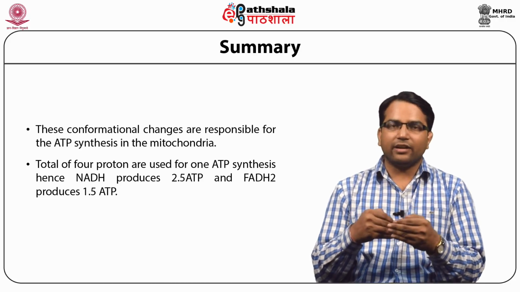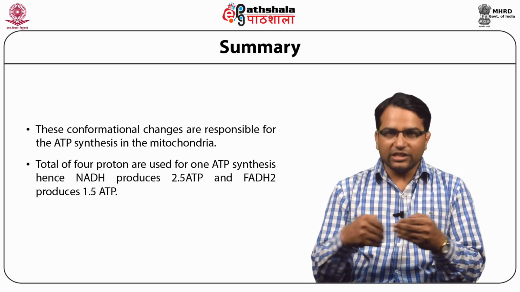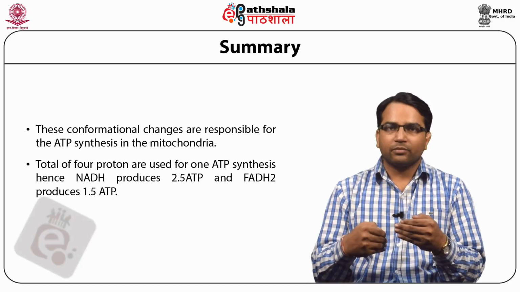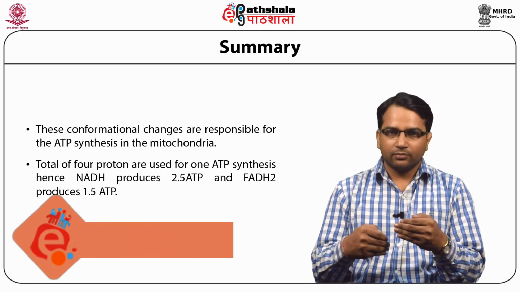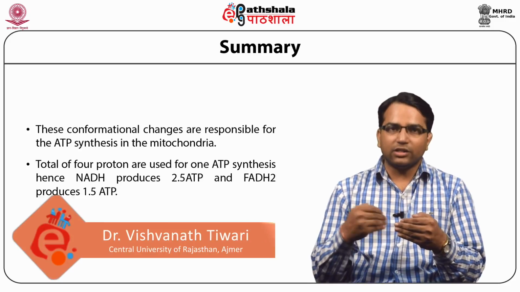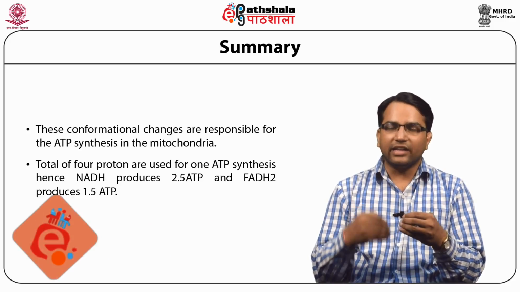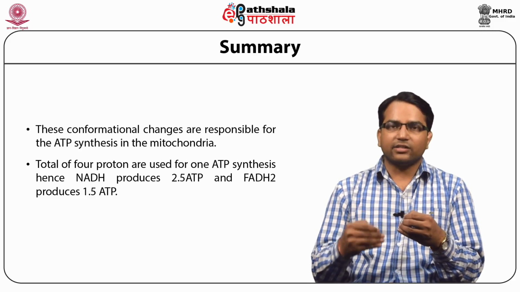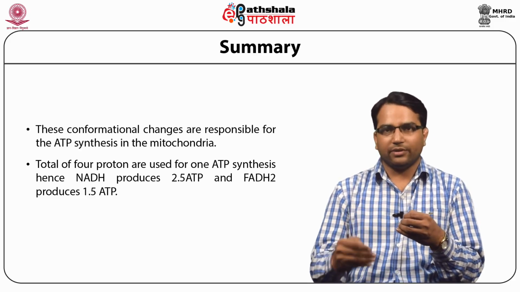So in this way we can say that from this module we have learned how the mechanism of the electron transport system is responsible for ATP synthesis. At the same time, we have also learned how inhibitors and uncouplers regulate the electron transport system in the mitochondrial inner membrane. Thank you.